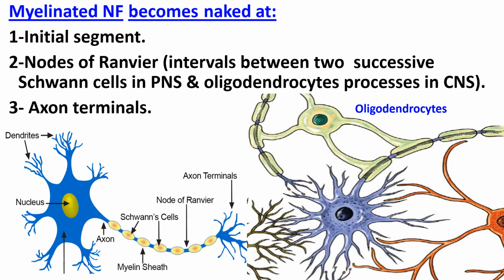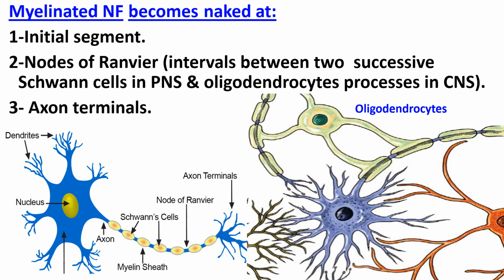Myelinated nerve fibers are naked at three areas. Naked means without cover, without myelin sheath. These include the initial segment and nodes of Ranvier. What are nodes of Ranvier?